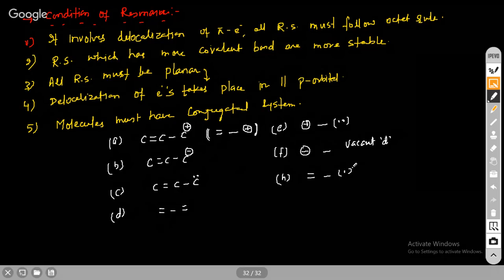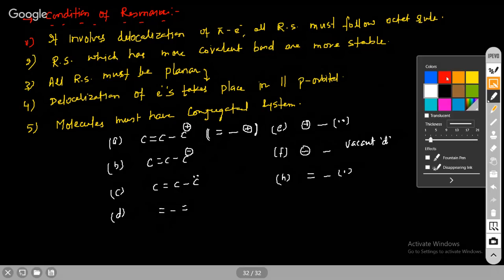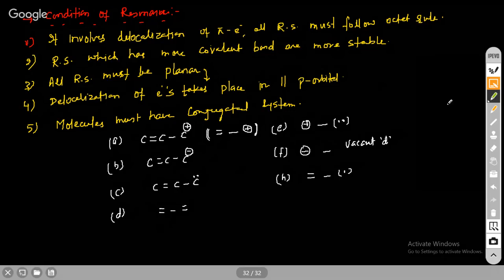Now, on the basis of this, if I ask you which of these are conjugated systems, right? First example, C double bond C, double bond C and double bond C. Is this a conjugated system?